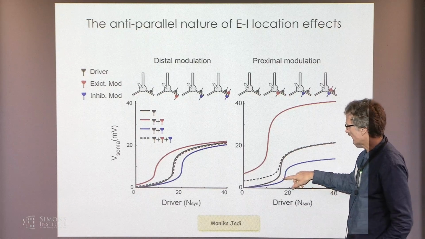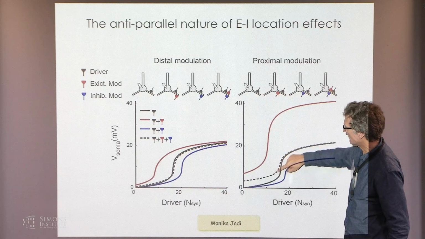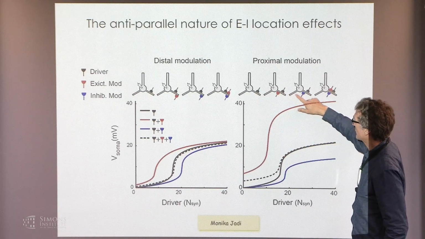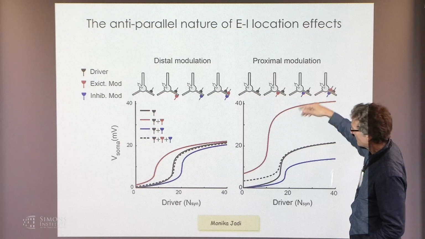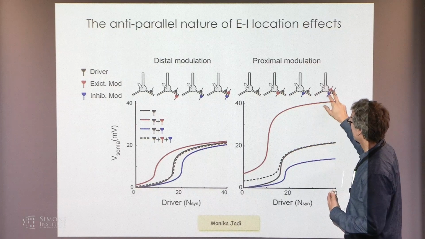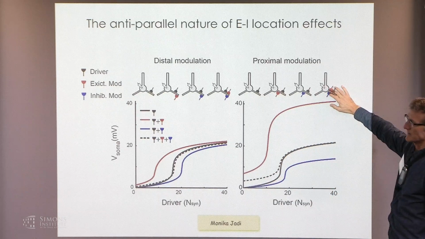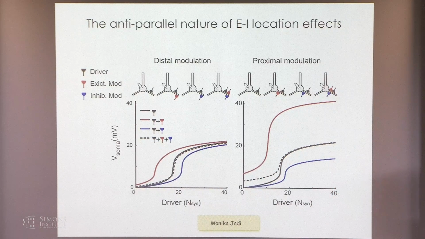This is the same sort of deal, where a proximal modulator, if excitatory, does this kind of shift to an input-output curve, and a proximal modulator that is inhibitory pushes you lower in amplitude and further to the right. These two didn't perfectly cancel in this case, but they sort of canceled if you put them both on at the same time. So there's some logic to this.